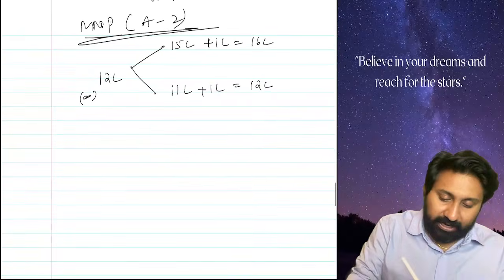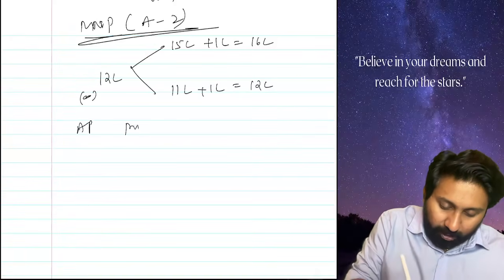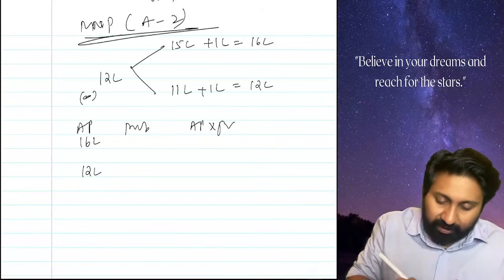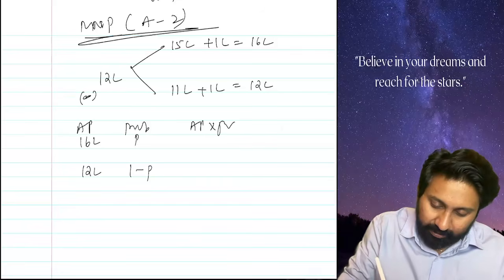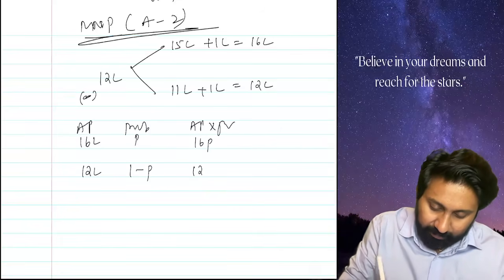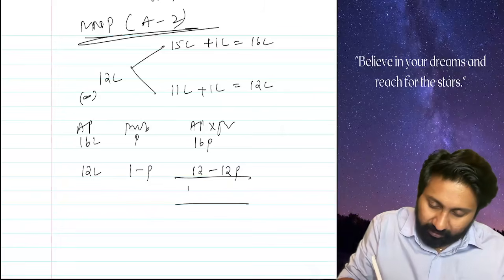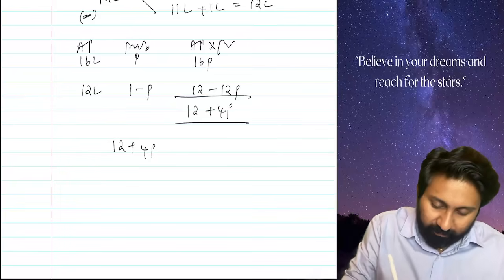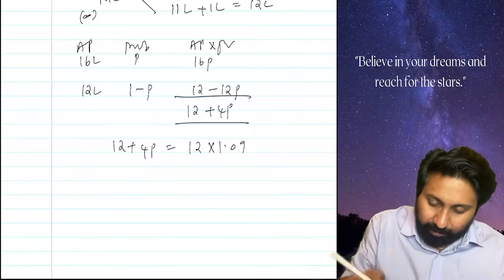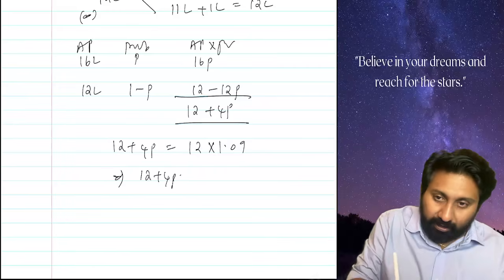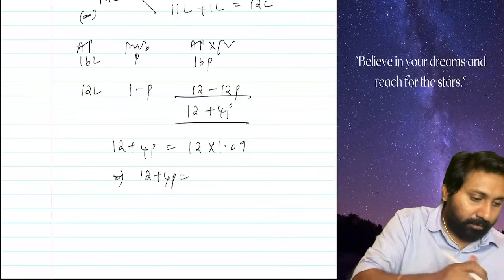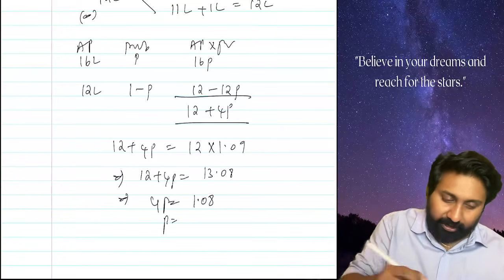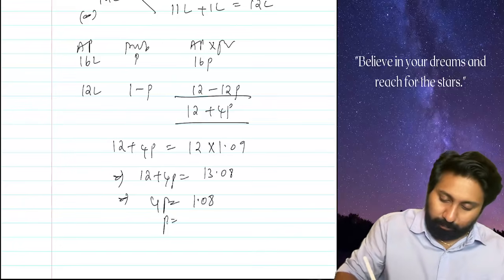Will the answer be the same? Let's check. Value into probability: 16 lakh with P, 12 lakh with 1 minus P. 16P plus 12 minus 12P gives 12 plus 4P. 12 plus 4P equals 12 into 1.09, which is 13.08. 4P equals 1.08, so P equals 0.27.